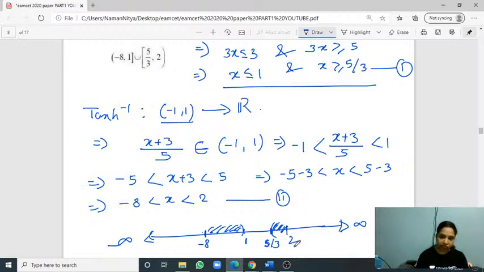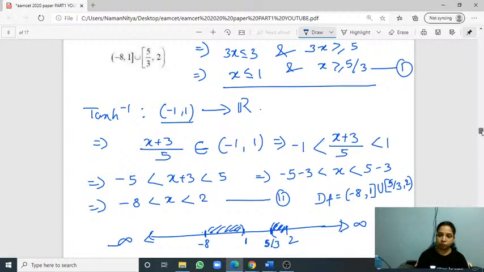So how to write this part? You can just see minus 8 is not included. So the domain will be open minus 8 comma closed 1, union, closed 5 by 3 comma open 2.